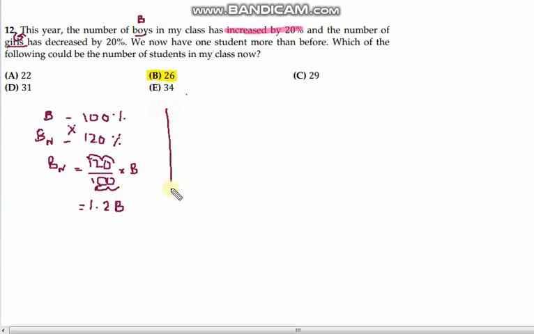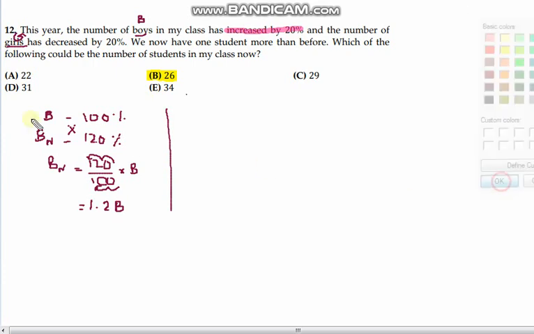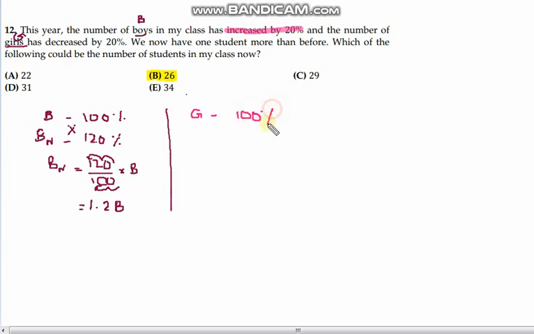We're going to apply the same working for the number of girls. So the original number of girls is always going to be 100%, and the number of girls in our new class, if you remember, has decreased by 20%. That's 100% minus 20%, that makes it 80%.